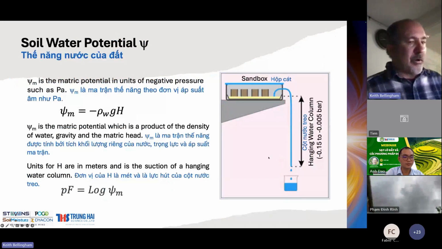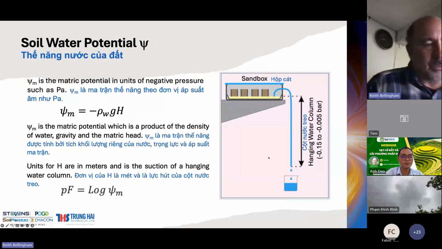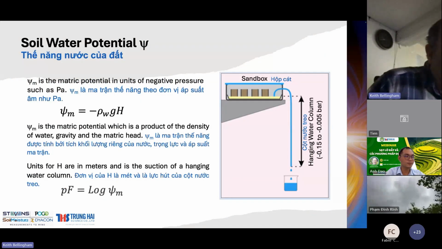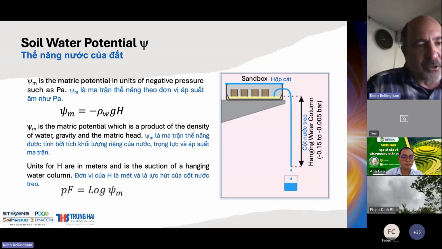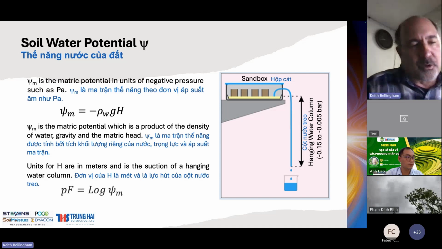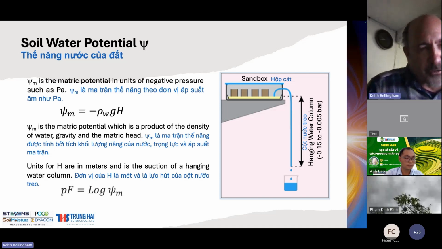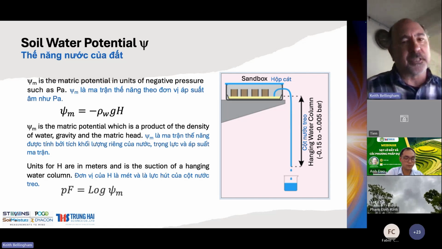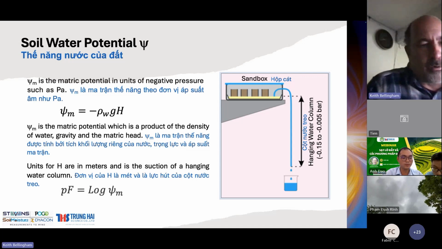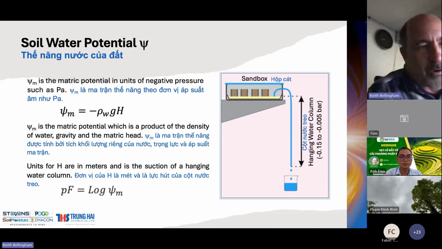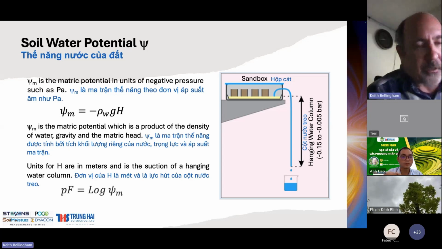The water movement in the groundwater, in the saturated zone, is primarily characterized by Darcy's law, which we already talked about. And in Darcy's law, the hydraulic conductivity stays relatively constant. In the soil, the water moves primarily by wicking.